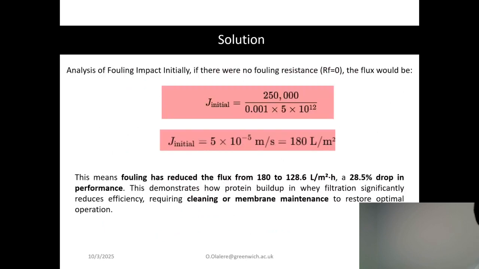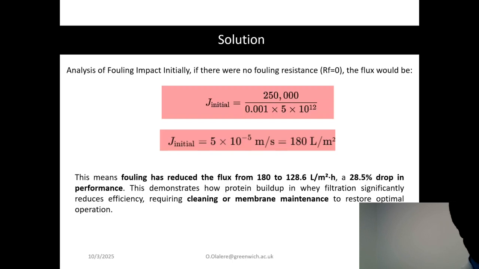Now, analysis of fouling impact initially: if there were no fouling resistance, that is Rf equals 0. So what we are saying in essence is that we know there will be accumulation of the droplets that will block the surface, at least some of the surface. So what is the impact of that fouling on the performance? That's what we are talking about.